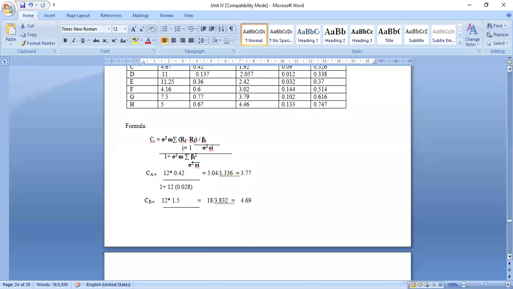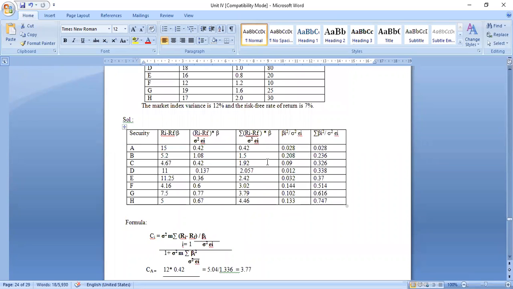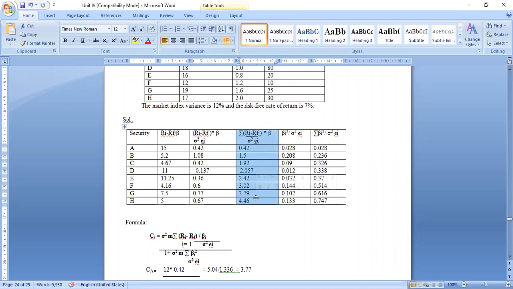Accordingly, we are going to make use of this table which is drawn to insert the values. These are the values in this table: summation of (Ri minus Rf) divided by residual variance into beta, as well as summation of beta i square divided by residual variance.